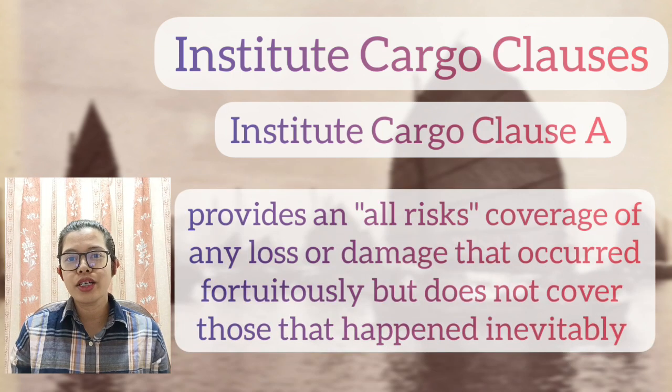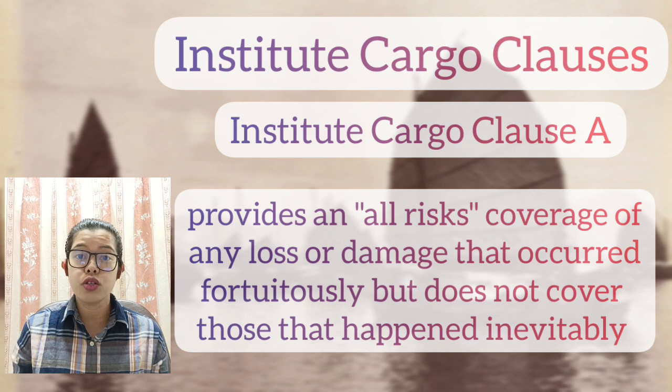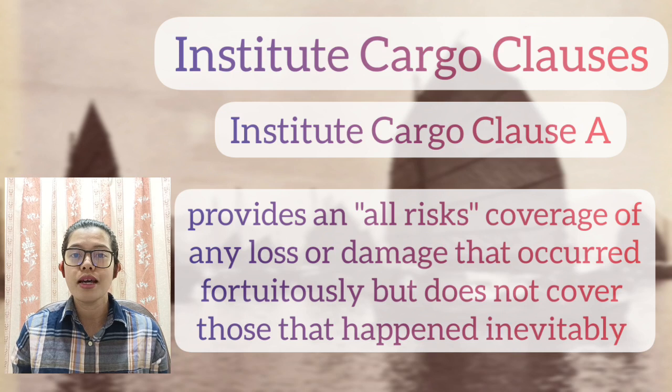The highest in the hierarchy of the Institute Cargo Clauses is the Institute Cargo Clause A, which is an all-risk form, and this covers all loss and damages that occurred accidentally. But of course, it also has exclusions. Exclusions like loss or damages that happen inevitably, as well as the exclusions that we have discussed earlier, like willful misconduct of the assured, deliberate damage, ordinary wear and tear, inherent vice.